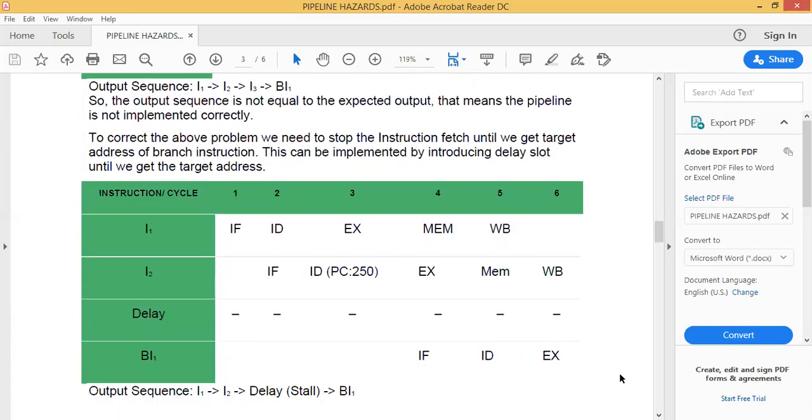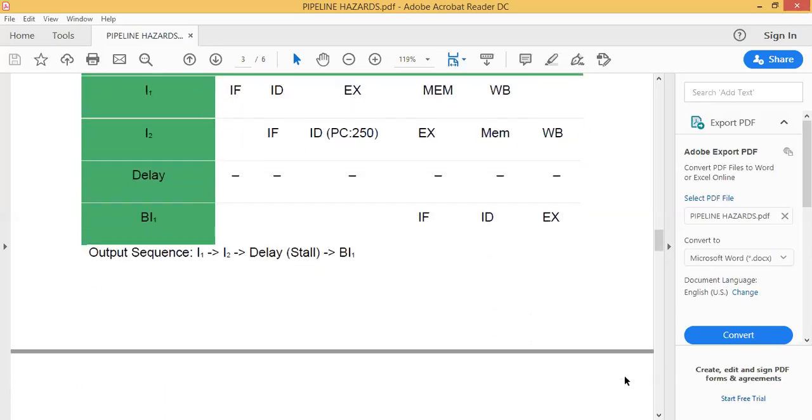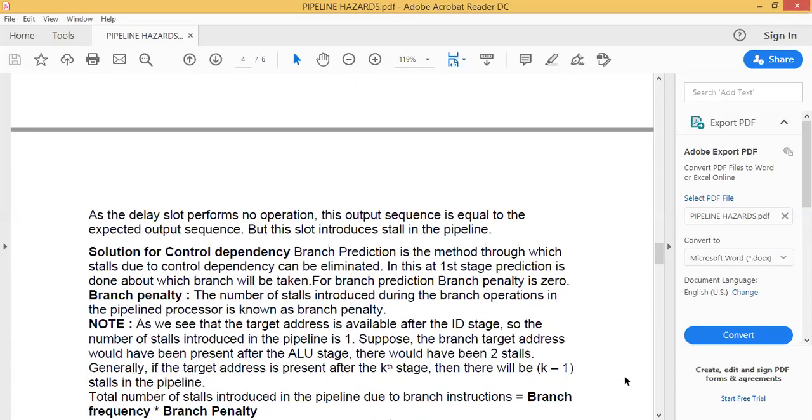So here is the solution where no conflicts occur. As a delay slot performs no operation, the output sequence is equal to the expected output sequence, and this slot introduces a stall in the pipeline.